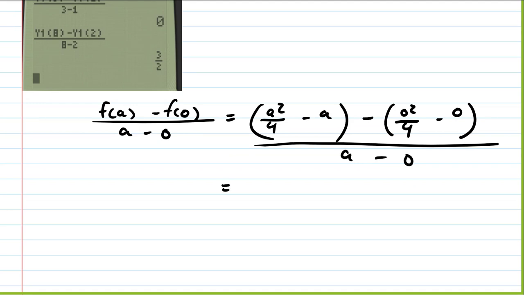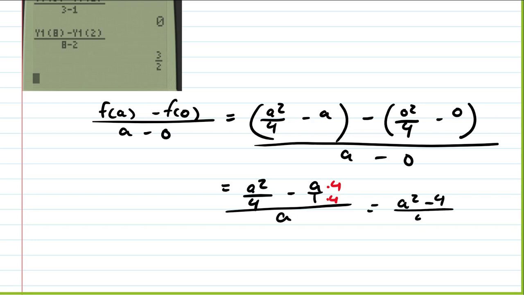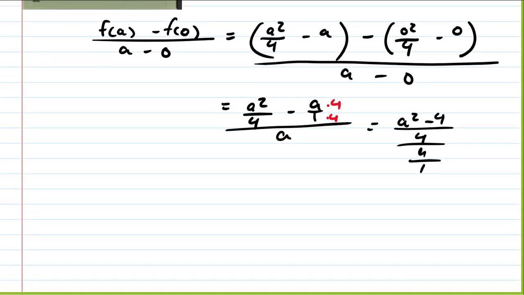So then that would give us a squared over 4 minus a. All of those are 0, and a minus 0 is a. So we could get a common denominator. Simplify this by building our fractions, multiplying the top and the bottom by 4. And we get a squared minus 4 over 4 divided by a. And we can make a fraction over 1.